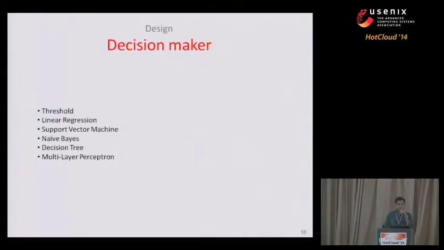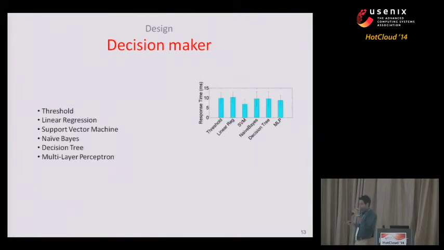So for the decision maker, we have considered many classifiers, and we are still considering actually. So we are considering threshold-based policy, linear regression, support vector machine, naive Bayes, decision tree, and the MLP. And we have found that to classify a single instance, all the classifiers take more or less the same time, from 8 milliseconds to 12 milliseconds.